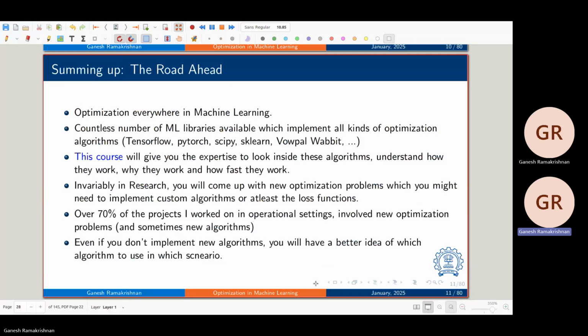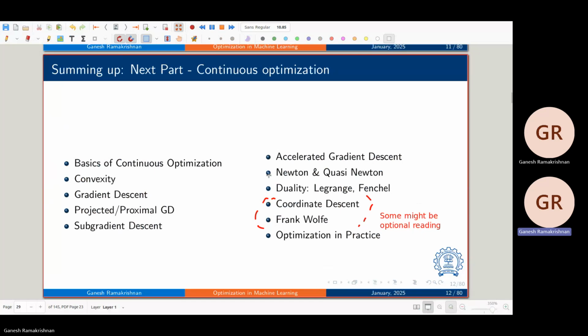But to do that, we also need to make sure our mathematical understanding of smoothness, of strong convexity, right, of duality are all kind of primed up. So I will now talk about convexity as already motivated, and then talk about algorithms around it. It's going to be really fast paced like we've been doing so far.